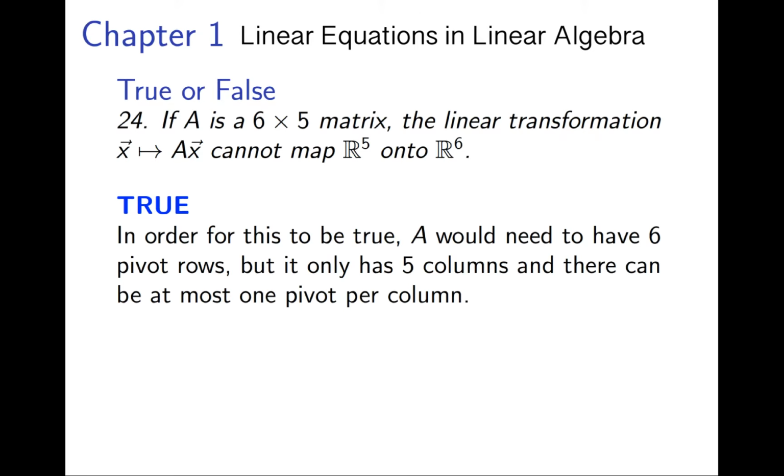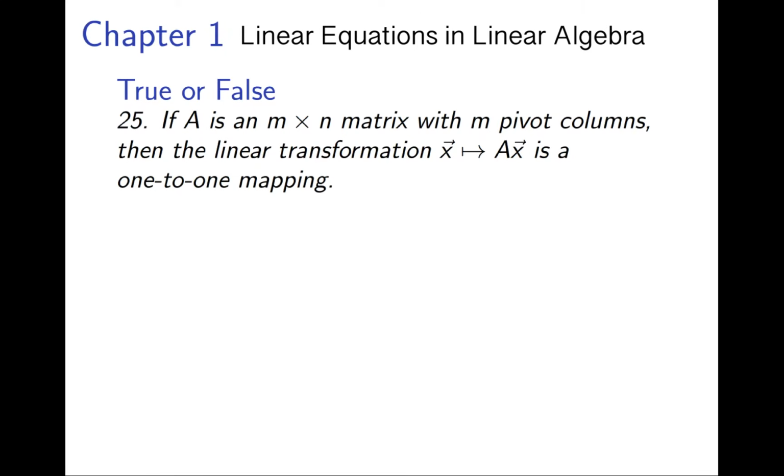If we were to have a map that mapped R5 onto R6, or any map onto R6, our matrix would have to have 6 pivot rows, or rows that contain a pivot position. But our matrix only has 5 columns, and you could have at most 1 pivot per column, so we can't have 6 pivots.